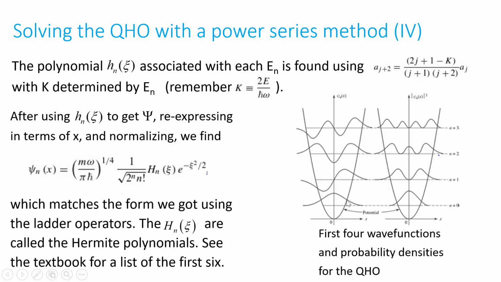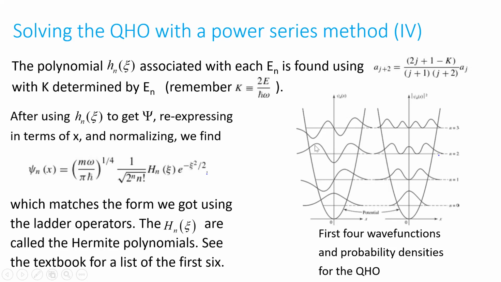It extends outside of the potential. So there's some chance for the quantum particle to be found outside where a classical particle could be found in the same harmonic oscillator. For n equals 1, it's interesting that it goes through 0 at x equals 0, and that's because it's an odd function, so it has to go through 0 there.